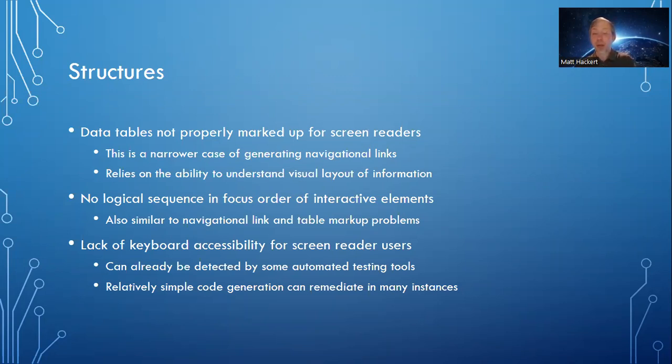While you can make complex data tables accessible to screen readers by using ID headers and/or scope attributes, most screen reader users find it challenging to use these complex data tables with multiple header levels.